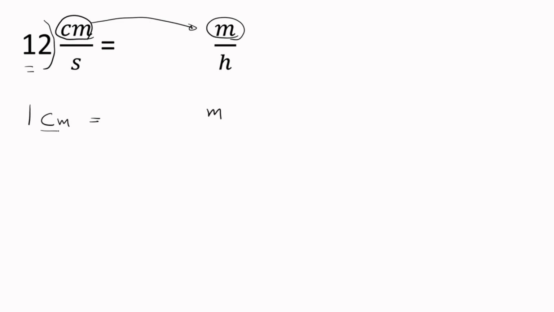Here I have prefix unit, and I want to convert it to a base unit. When I have a prefix unit and I want to convert it to a base unit, I must multiply the number to the factor of the prefix. What is the factor of centi? It is 10 to the power of negative 2. So I must multiply 1 to 10 to the power of negative 2. And I'm going to have 10 to the power of negative 2 meter.